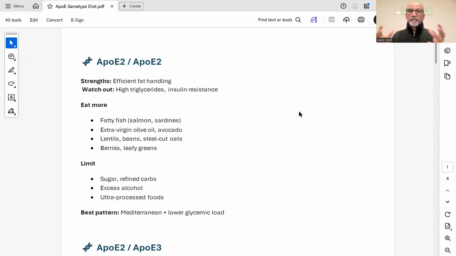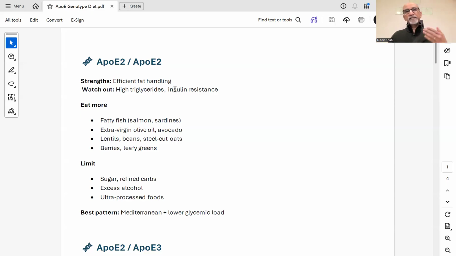They metabolize fats well without spiking the LDL, without increasing the cholesterol, so to speak, the bad cholesterol. But when it comes to insulin resistance, they are not very good handlers of the carb source, when I'm talking about refined carbs and sugars and all that. So you see here, their strengths, ApoE genotype 2.